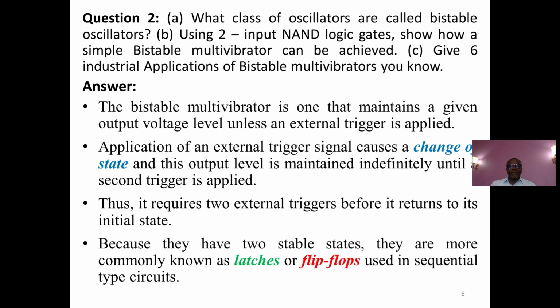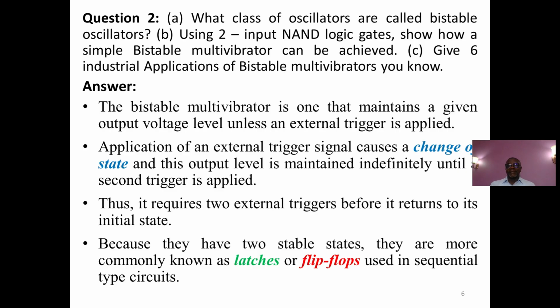Now, application of this external trigger causes a change of state, and this output level is maintained indefinitely until a second trigger is applied. So when it starts to oscillate, it remains in a state until you apply an external trigger.